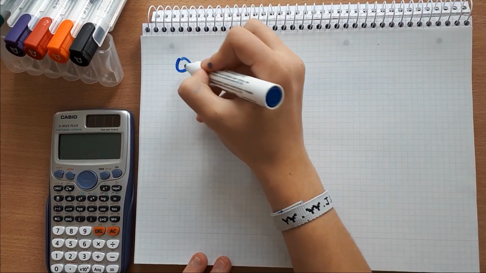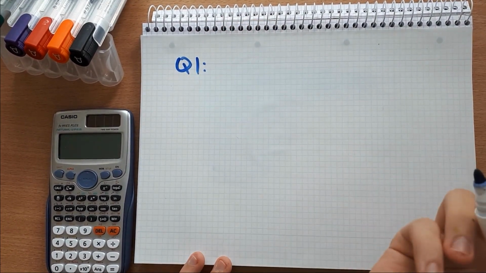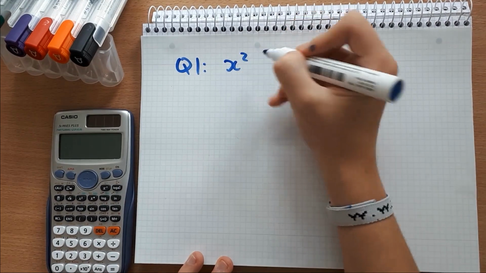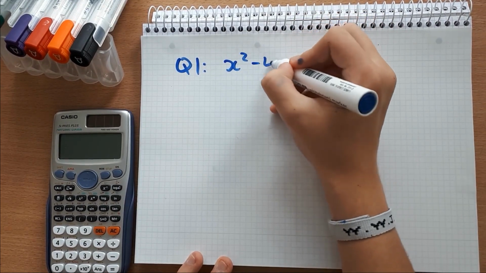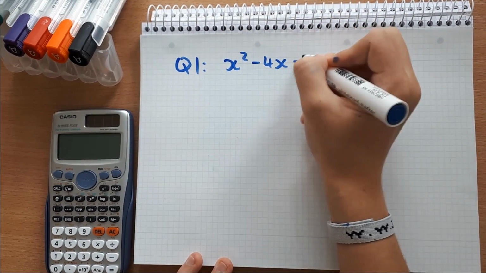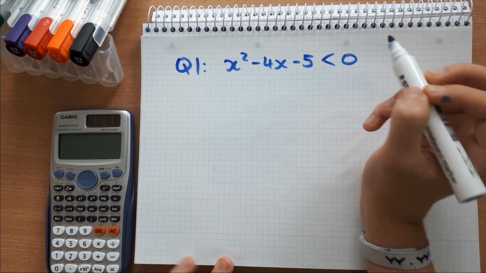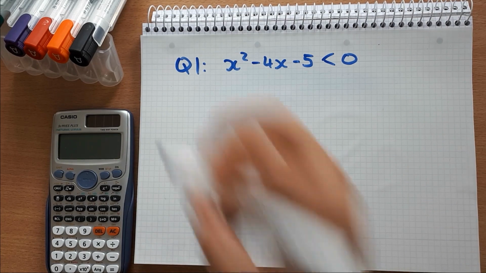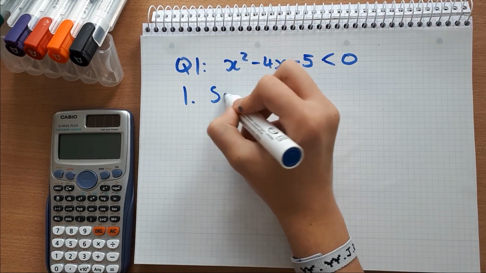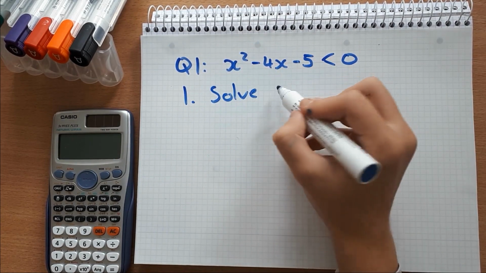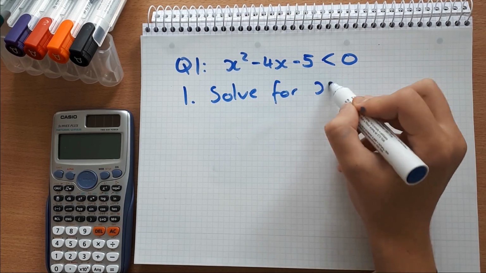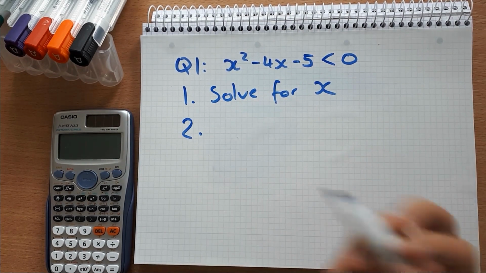Okay, so question 1. Our equation is x squared minus 4x minus 5 is less than 0. Now we have a couple of things we need to do. 1, we need to solve for x. 2, we need to sketch.